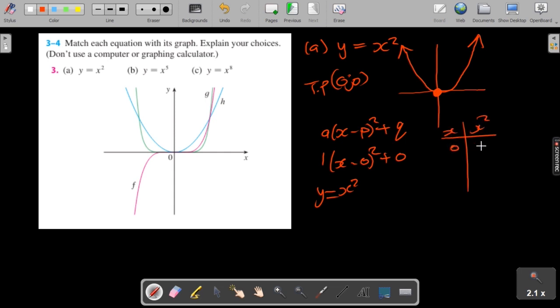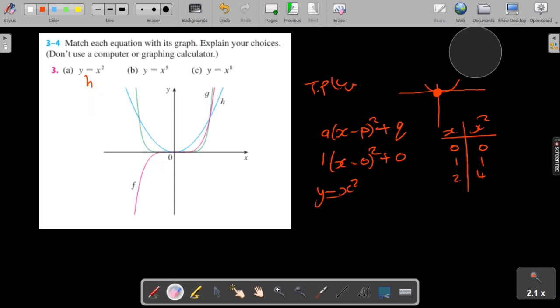So you substitute a 0, then you have 0, substitute a 1, you have 1, substitute a 2, you have 4, and so on, just to see how fast it would grow and how small it is towards 0. So this one matches exactly what we just discussed. So the first one, 3a, would be h.